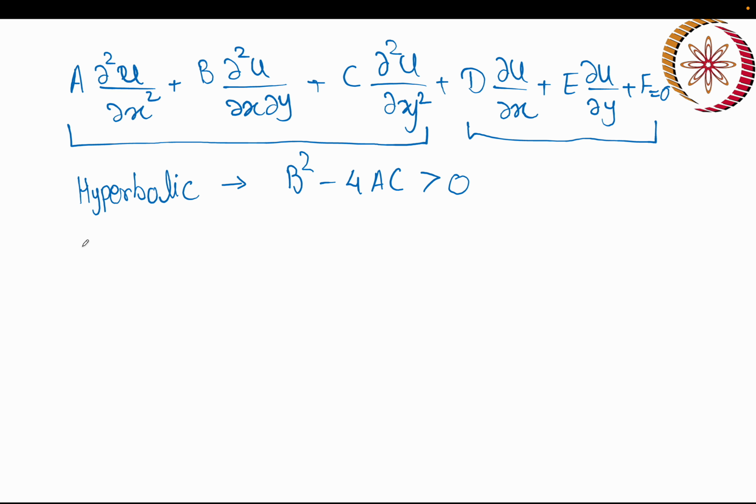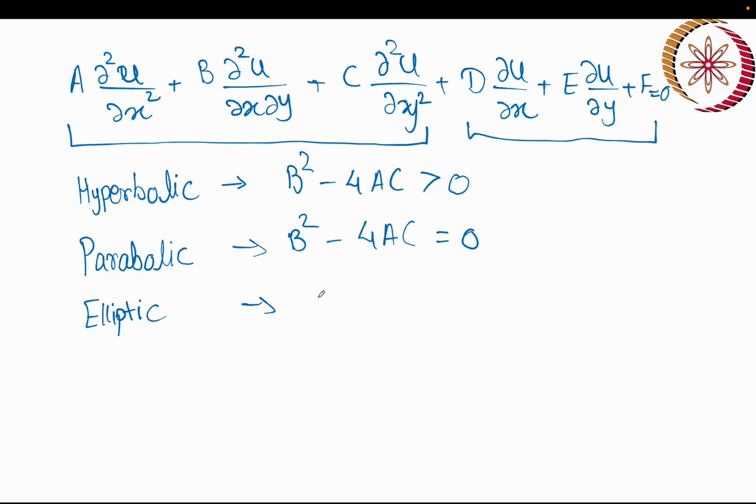Then parabolic, in which case b² − 4ac will be 0, and elliptic, in which case b² − 4ac will be less than 0.